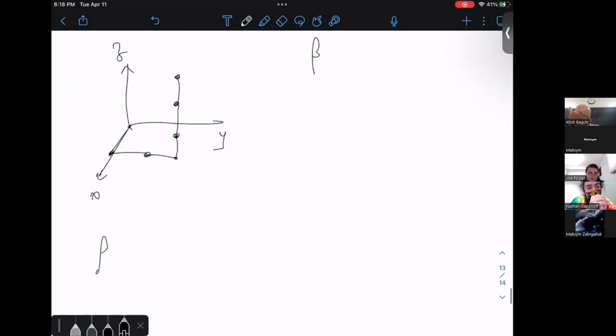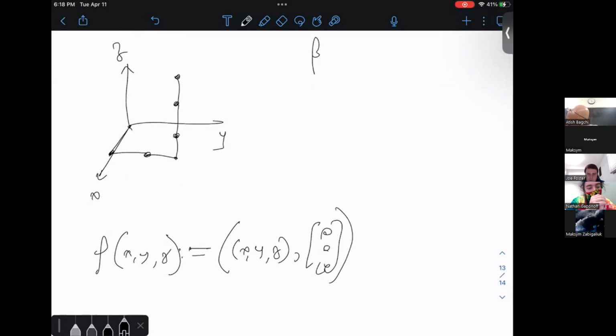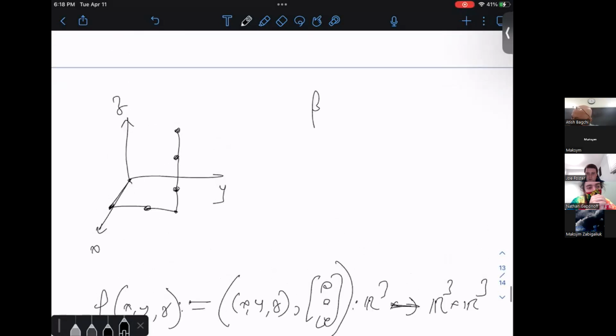Let me write the vector field. Beta of (x, y, z) is defined to be (x, y, z), comma, (0, 0, y), from R3 to R3 cross R3. Okay? So what is beta of (1, 2, 3)?